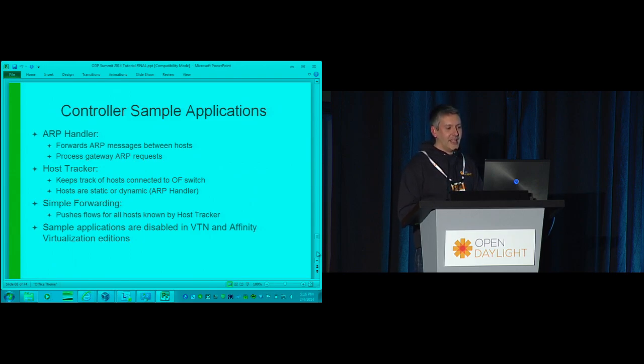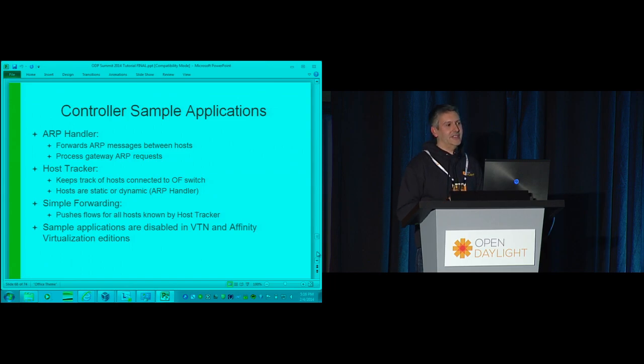The first one is called the ARP handler. What it's doing is forwarding ARP messages between hosts. That means if you have a network of switches and then you connect a host, and this host starts to send ARPs, because in IPv4 this is a very standard way to start a communication, these ARPs are going to be automatically forwarded by this application in the controller.